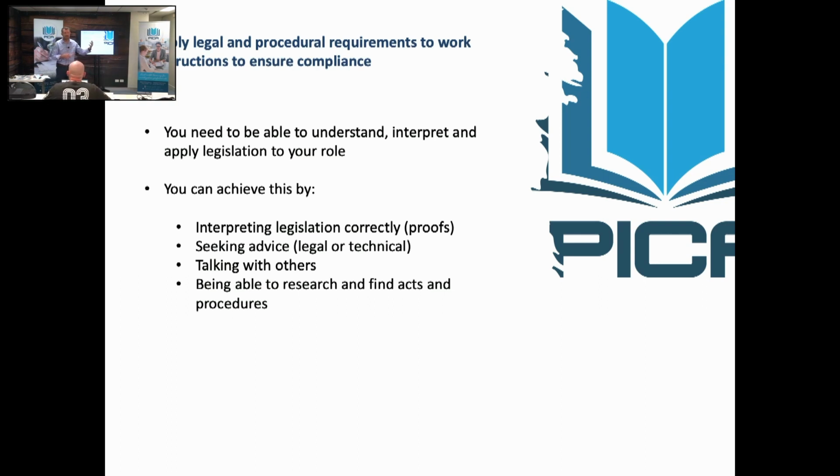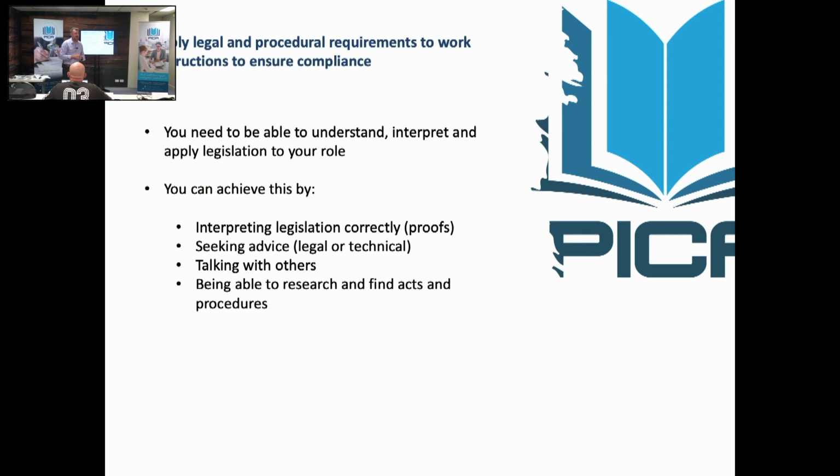So if it's just cheating someone and there's no real offence, but there's a moral offence, I guess. But well, I'm talking legislation offence. If you're conducting an investigation, an offence is taking place, you need to know the proofs of that offence that you've got to cover in evidence to take it to court.